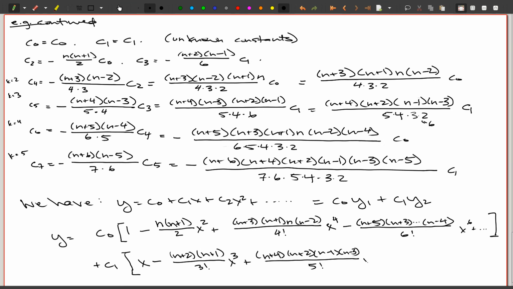This would be a 5th order term. Minus, we start at n plus 6, go down to n minus 5 over 7 factorial, x to the 7.